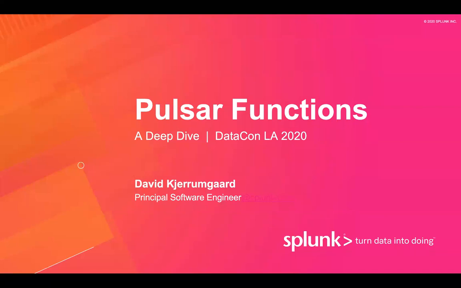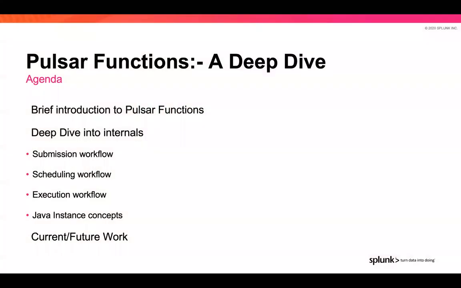Today's session will be on Pulsar Functions, which is a lightweight computing framework built on top of Apache Pulsar, and we'll do a deep dive into some of the technology involved. To give an overview of the agenda, I'll start with a brief introduction to what Pulsar Functions are, what the programming model is, and what they hope to achieve.